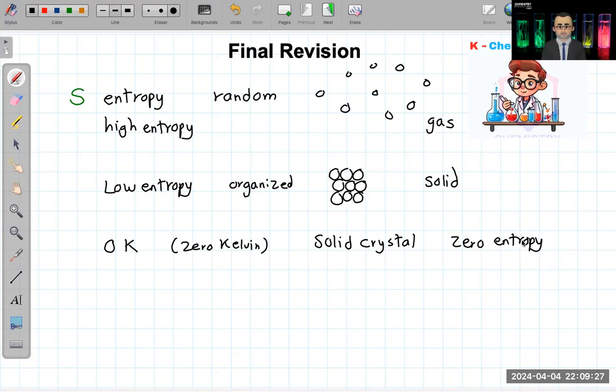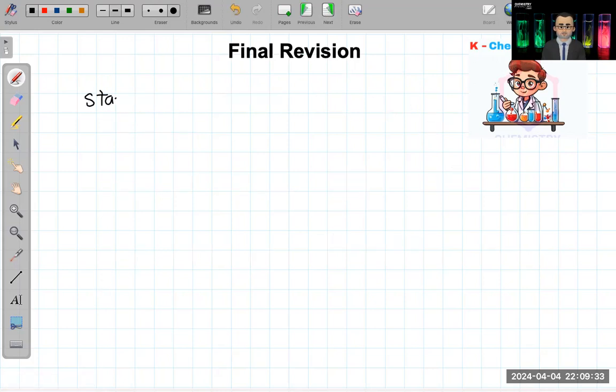And I have something called the standard entropy change. What is the standard entropy change? The same way we used to know the standard enthalpy change, when the enthalpy changes from one system to another, I can say also the standard entropy change, which is delta S. It shows me how the system changes from one state of entropy into another.